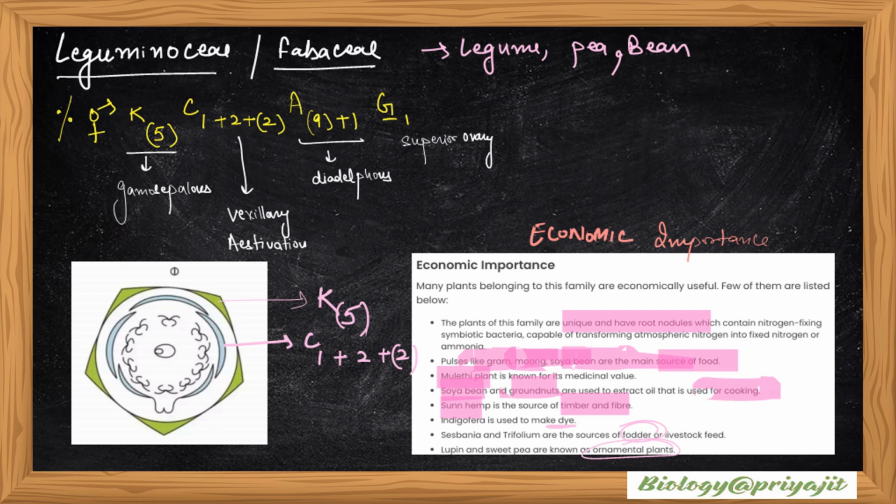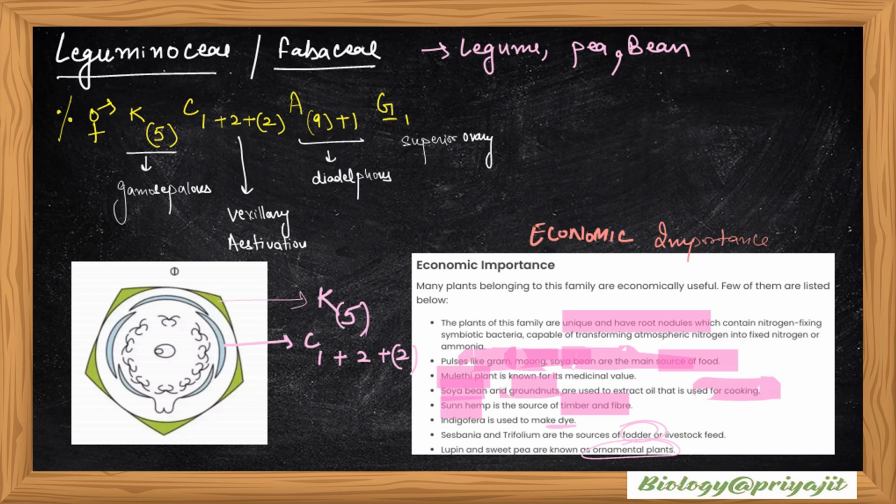Economic importance of the family plants. Many plants belonging to this family are economically useful. Few of them are listed below. The plants of this family are unique and have root nodules which contain nitrogen fixing symbiotic bacteria capable of transforming atmospheric nitrogen into fixed nitrogen or ammonia. Pulses like gram, moong, soybean are the main source of food.